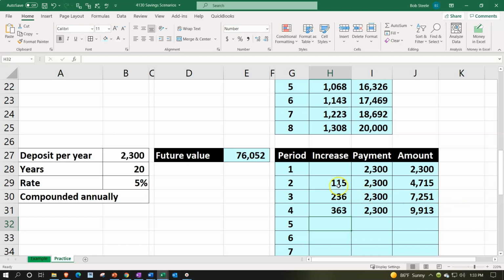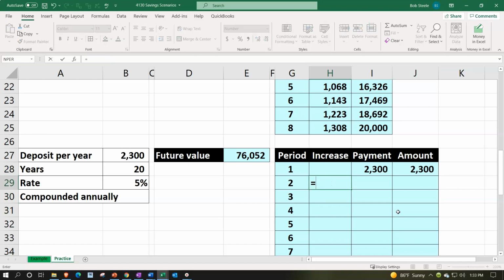Now let's do it the easy way. I'm going to delete this stuff and just do it one more time, the easy way this time. This is going to be equal to the 2,300 times the 5%, F4 on the keyboard, $ before the B29, absolute reference. In other words, this equals then the 2,300, F4 on the keyboard, $ before the B and 27, absolute reference.